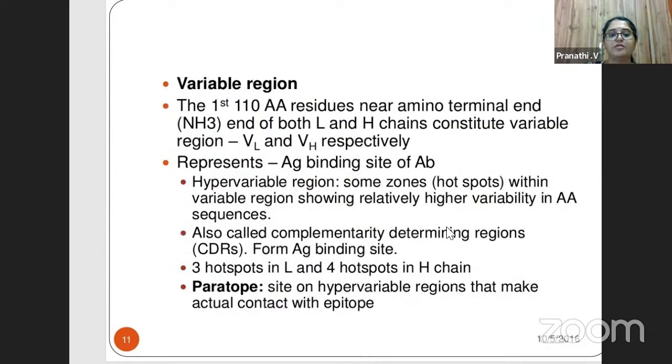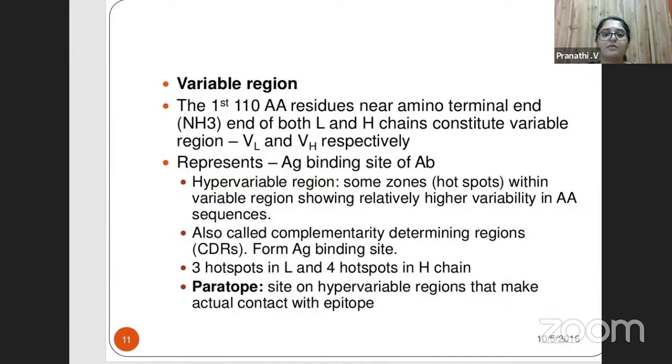So in the variable region, the first 110 amino acid residues are the variable heavy and variable light regions respectively. And this is where your antigen binds to the antibody. So some zones, they are also known as the hotspots. So you have a higher amino acid change that is present.